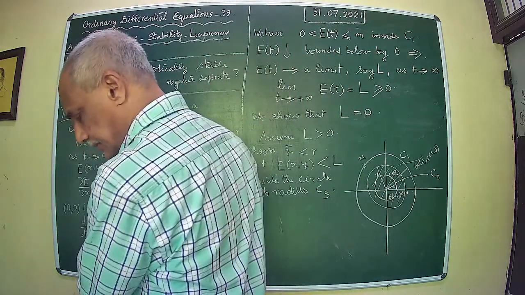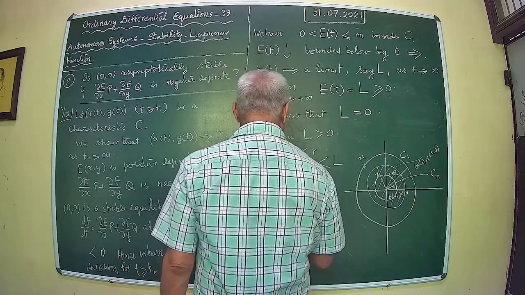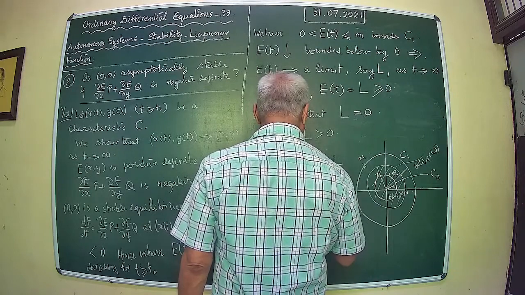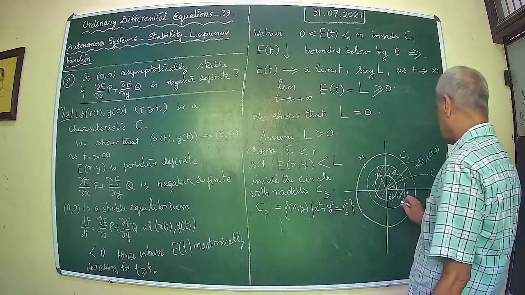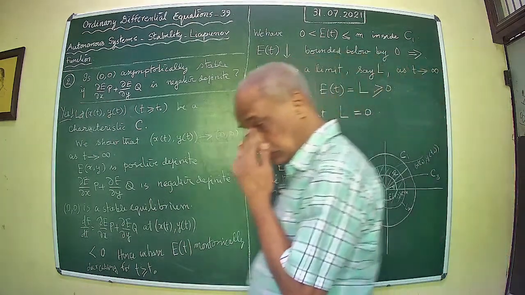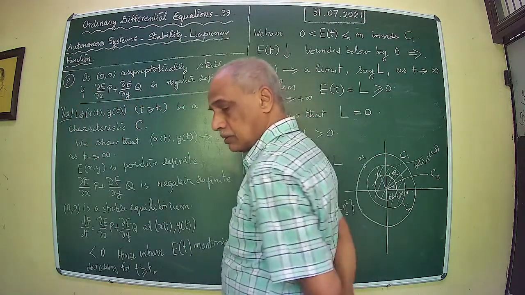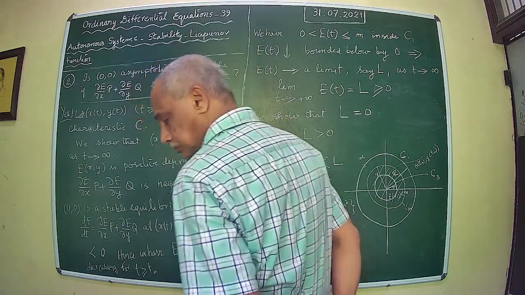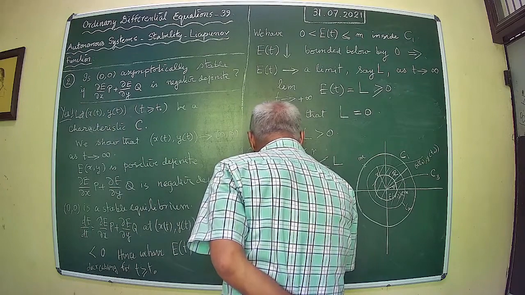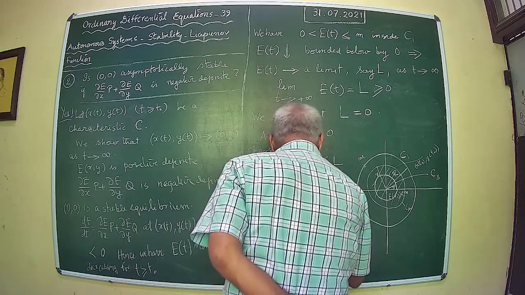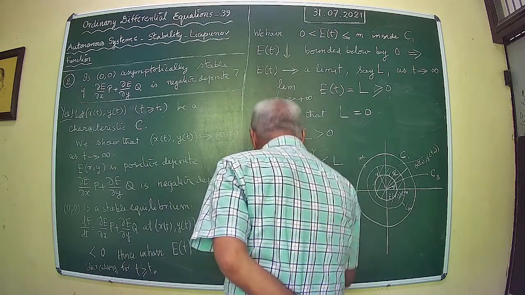So we have that C3 is essentially defined as follows. Now what do we have? We have the derivative of E along C, which is negative definite.